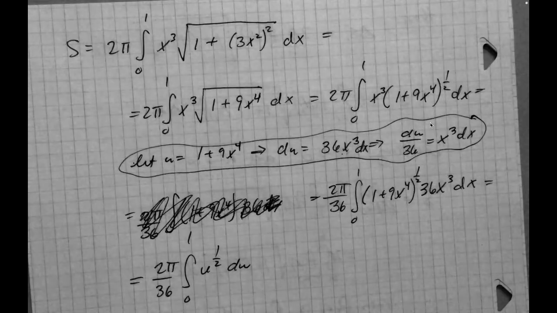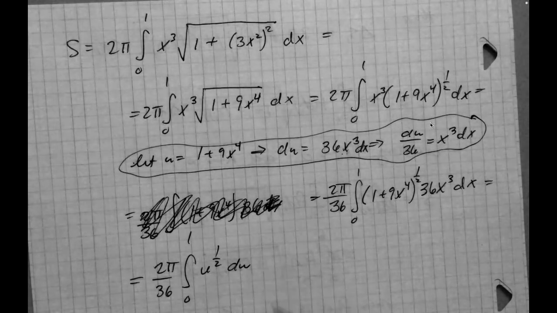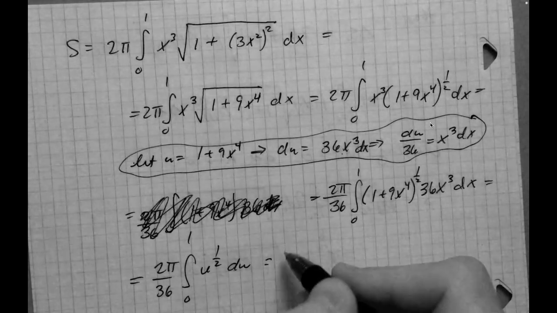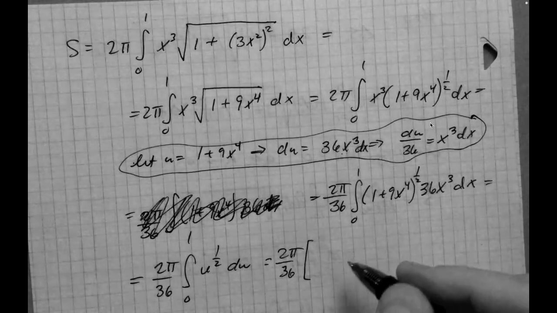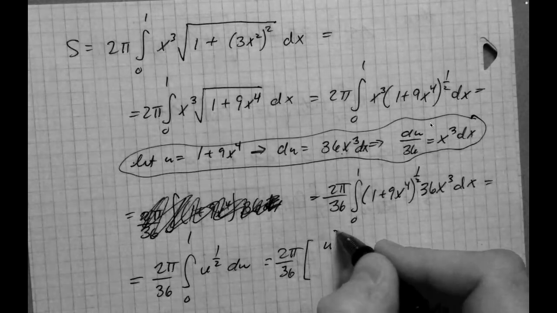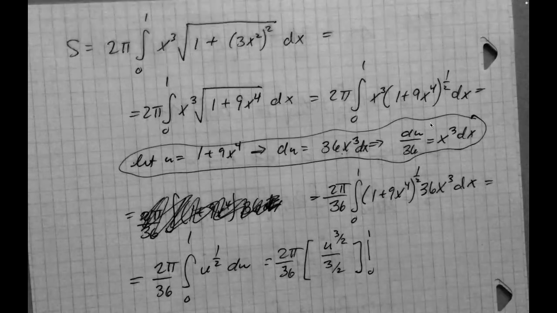Perfect. All right. Then just do the integration here. So this would be u to the 3/2 over 3/2, from 0 up to 1.